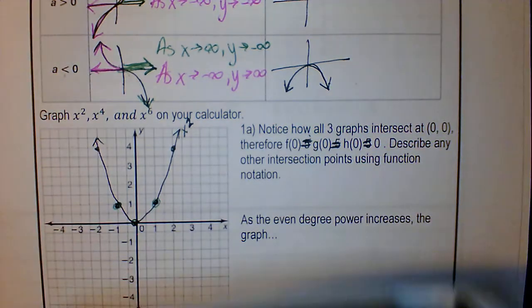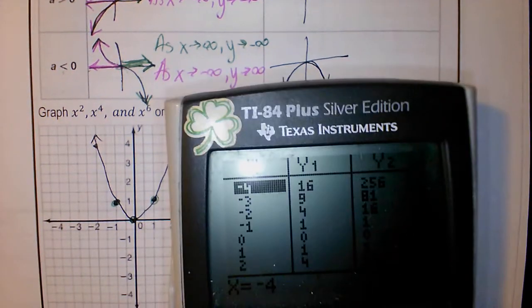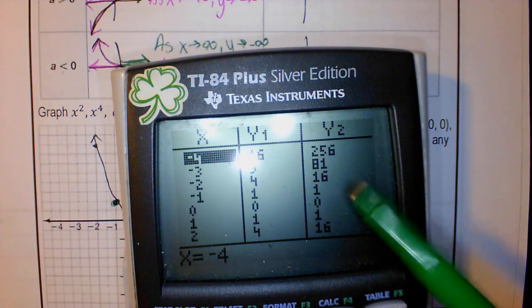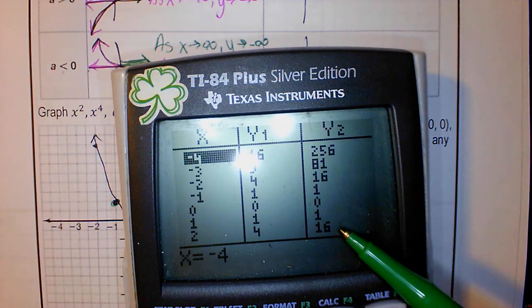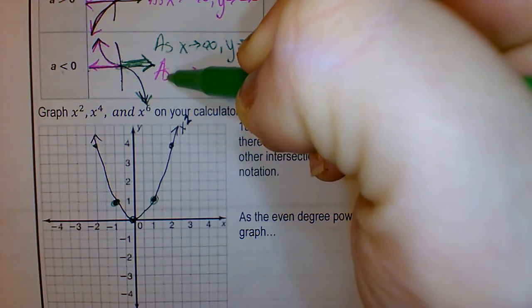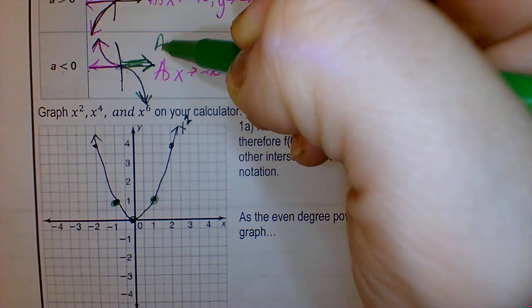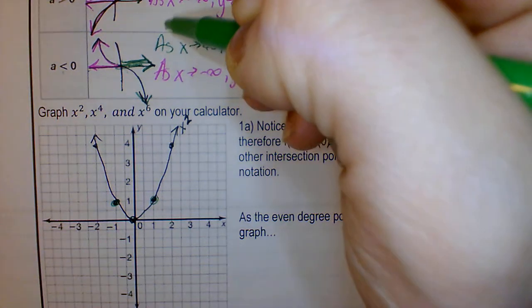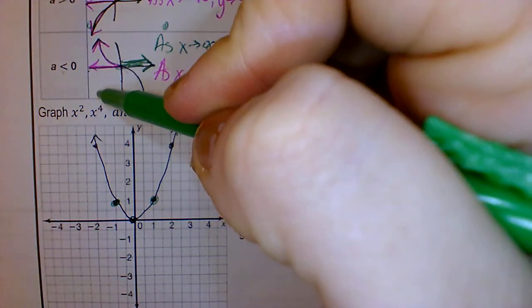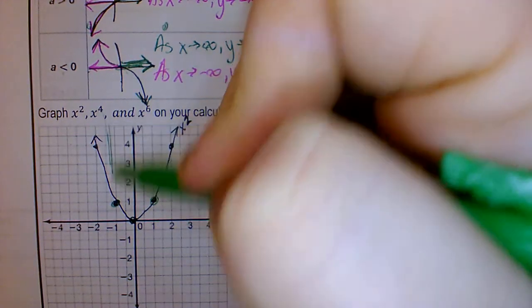But then when we get to 2 and negative 2, we get to 16 and 16. So over at 2, I'm going to be all the way up at 16, which is way, way off my paper. Like up there somewhere, and up there somewhere. So connecting those.